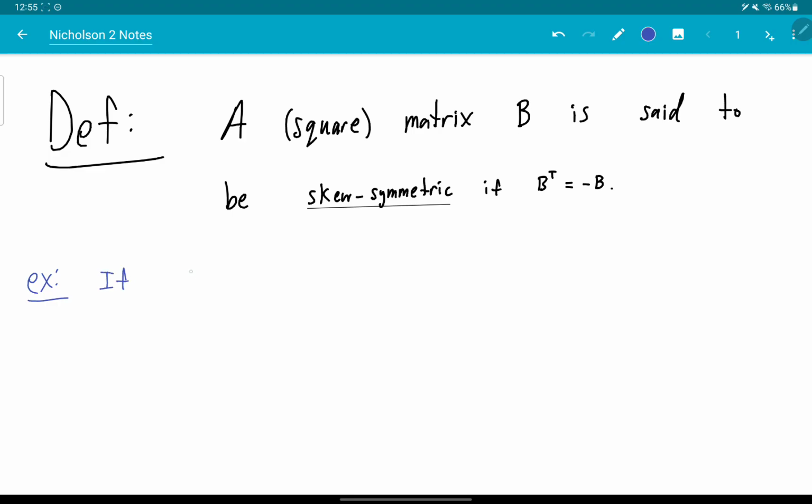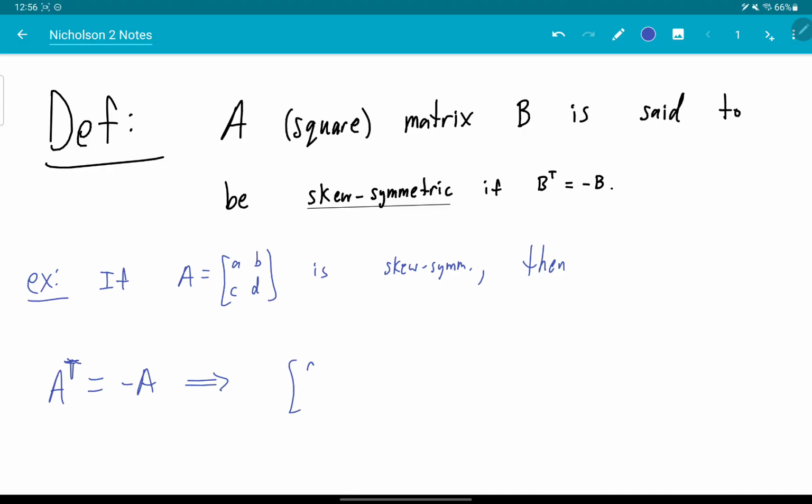If A is equal to [a, b; c, d] and this is skew-symmetric, then that means that A transpose is negative A, and this equation becomes [a, b; c, d] is equal to [-a, -b; -c, -d].